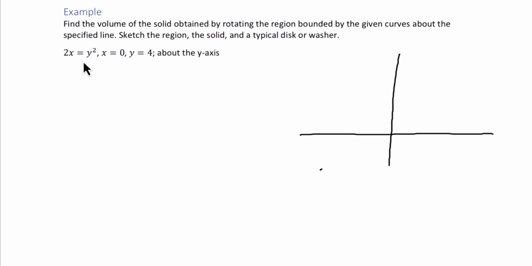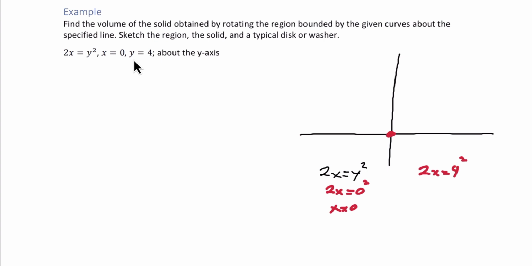So looking at 2x equals y squared, we can plug in some values for y. Let's say y is 0. We get that 2x equals 0, or x equals 0. So we have the origin. We're going up to a y value of 4, so let's see what happens when y is 4.